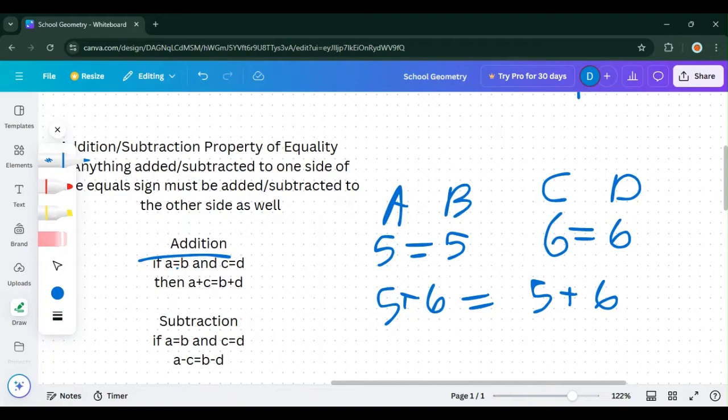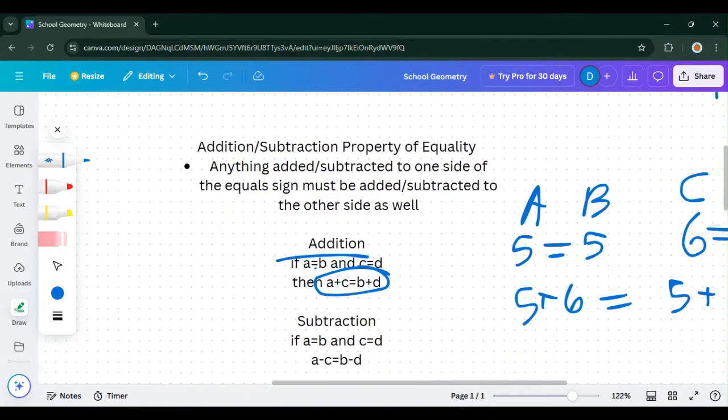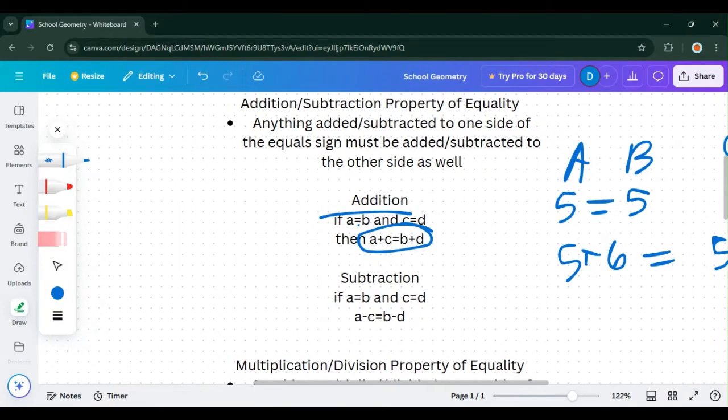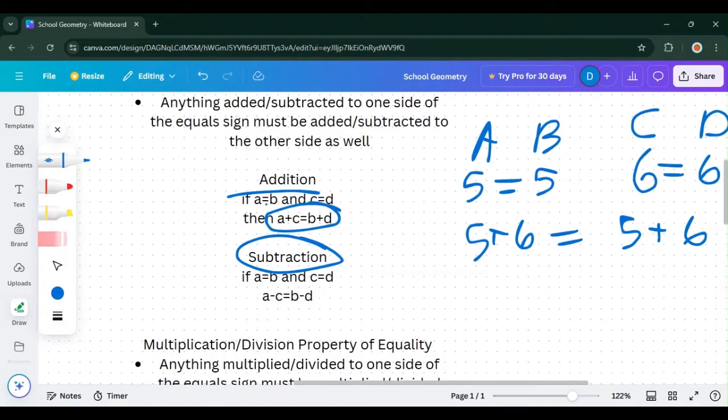It's just common knowledge. A is equal to B. That means B is also equal to A. B can substitute in for A, and you can find that A plus C is equal to B plus D because they're just adding the same thing on both sides. And this is just basically algebra. We also have the subtraction property. I won't go too in depth because it's basically the same thing as addition.